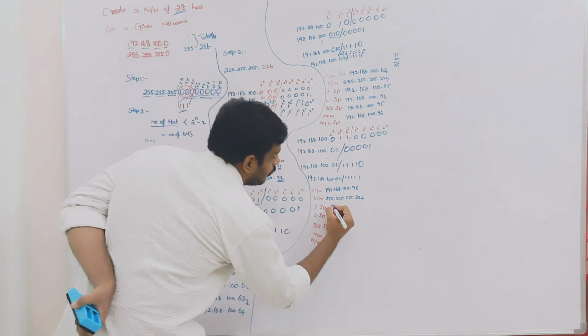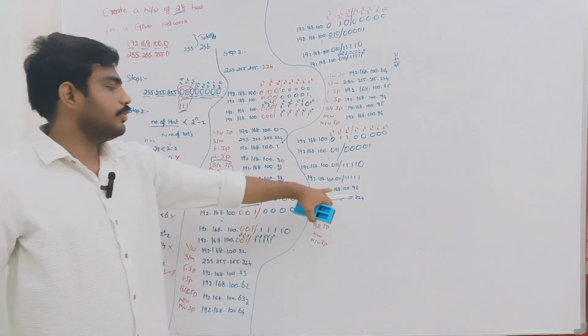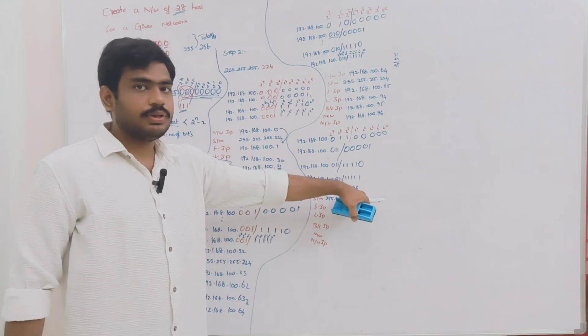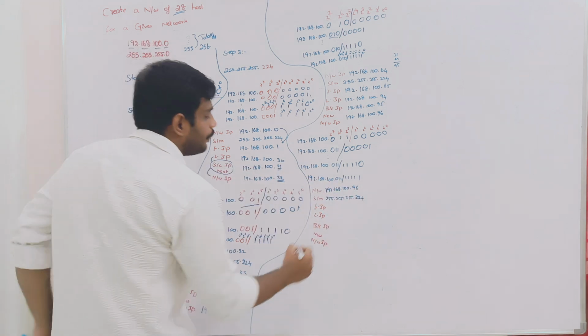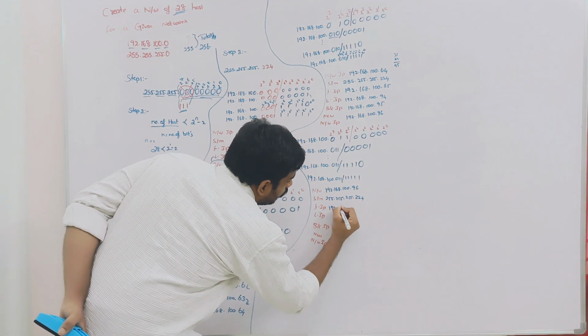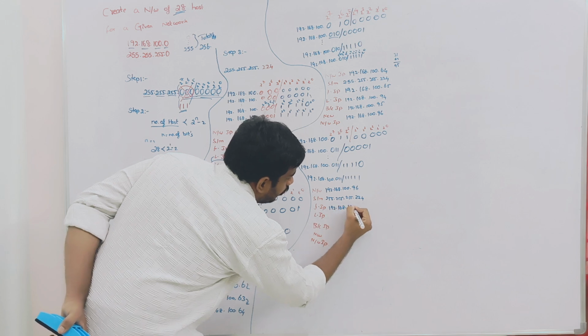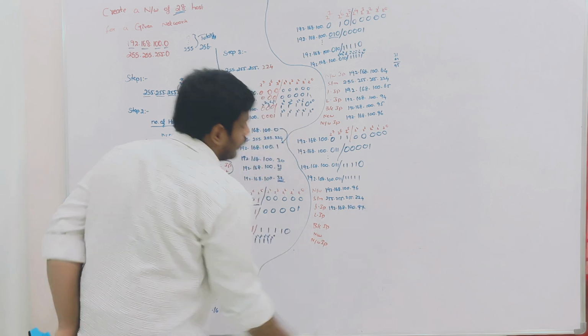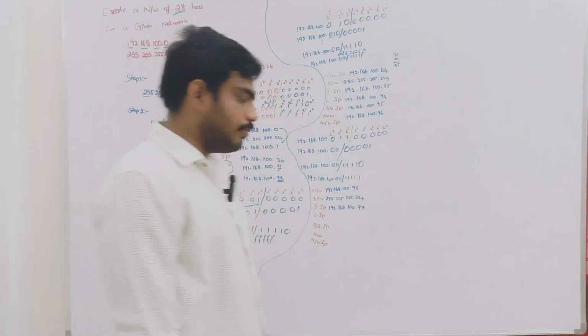What will be your first IP? After the network IP, whatever number comes, that will be your first IP. So 192.168.100.97.